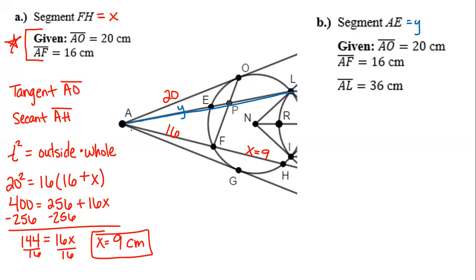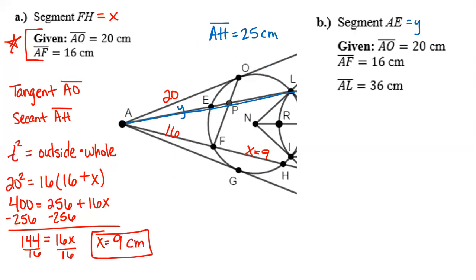But I do know that AH is now 16 plus 9, 25. AH is 25 centimeters. I can use that to help find AE.